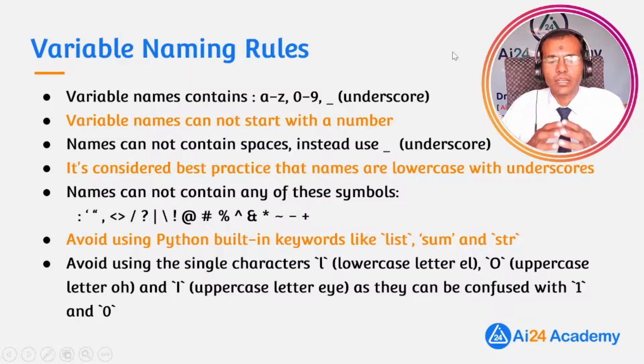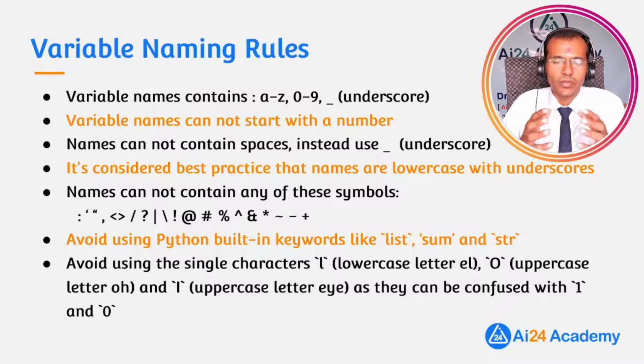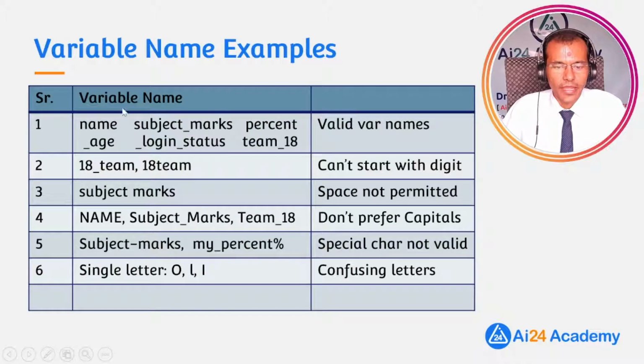So a variable name contains letters A to Z, digits 0 to 9 and underscore, and a variable name cannot start with a number. For example, some of the examples given are: name, subject_marks, percentage_age_login_status, team_18.